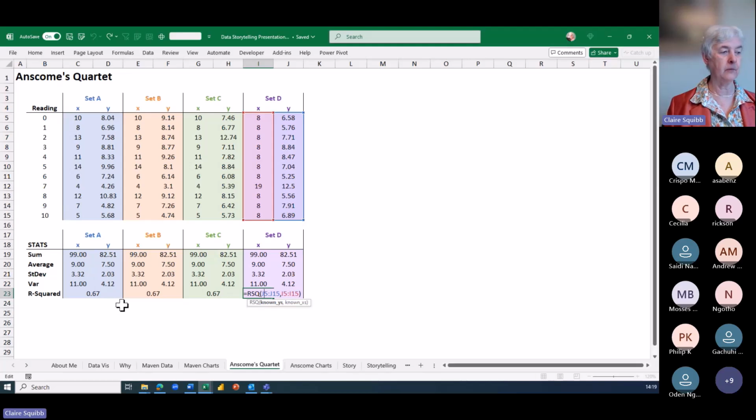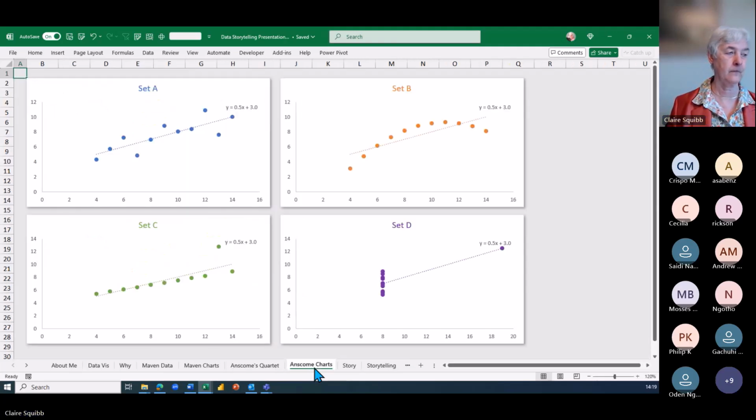They are all coming up with the same information. Okay, so at least as far as the number of decimal places displayed, they are identical. And again, they have a very different profile depending on what you're looking at. So set A, trending upwards, but scattered quite widely.